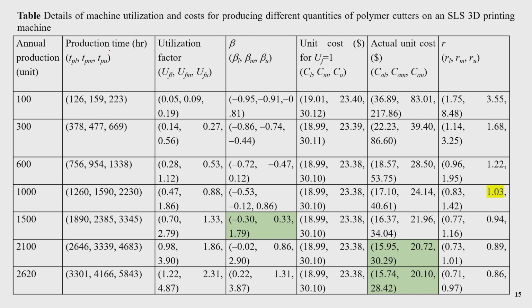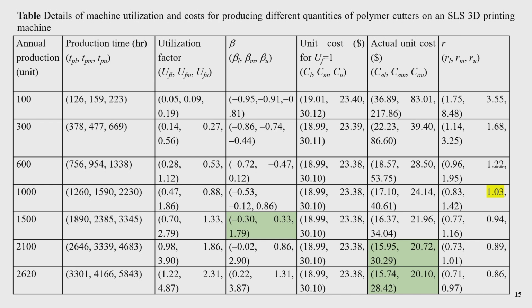Suppose annual production is 100, then production time estimates are given and the utilization factor is given. Then you find beta, then you find the unit cost for UF equal to 1 and the actual unit cost. Then you take annual production 300, then annual production 600.